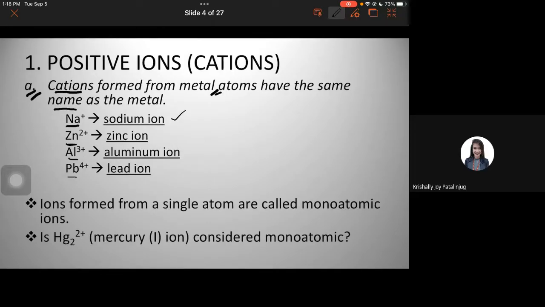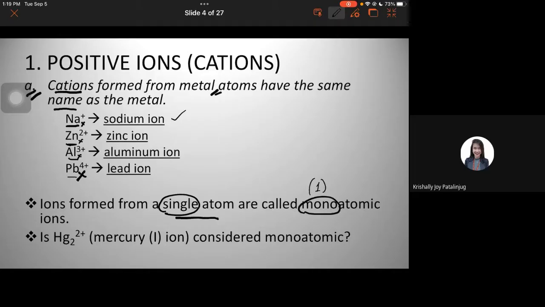Now, those ions formed from a single atom are specifically termed monoatomic ions. How do you know it's a single atom? There is no subscript written on the bottom right side. So it's a single atom only. Mono means one.